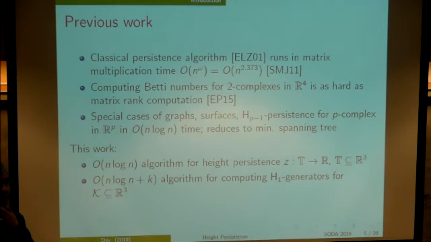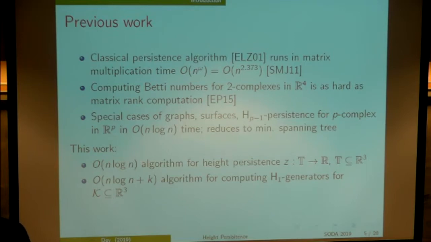For example, computing the Betti numbers for complexes in R3 is shown to be almost linear, n alpha n, by the Edelsbrunner and Delfinado algorithm. So if you have 2-complexes in R3, computing Betti numbers is not that hard. But again, computing Betti numbers is different from computing persistence and computing generators.